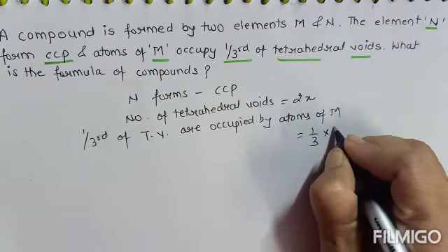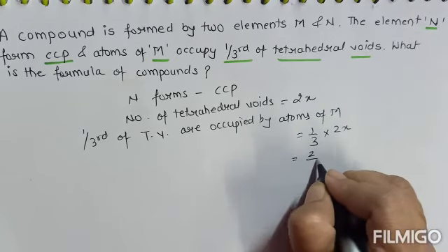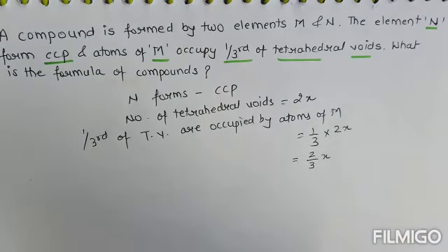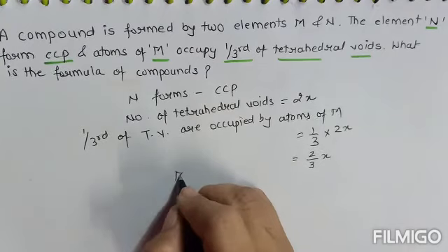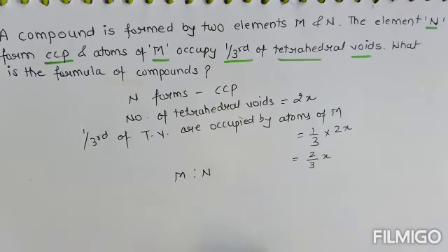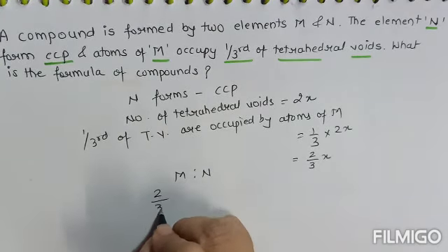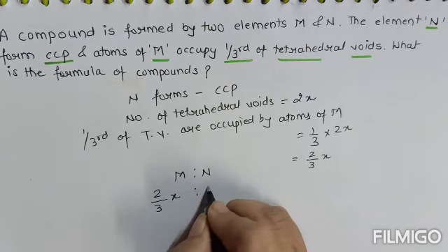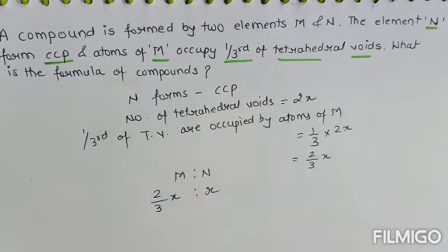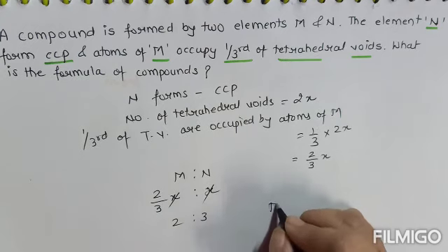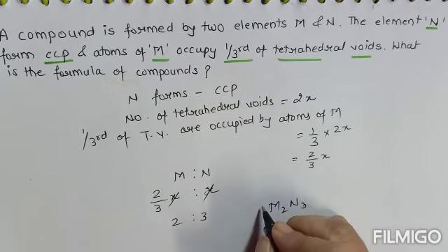That will be equal to 1/3 into 2x, that is 2/3x. So if we consider both M and N, M is occupying 2/3x whereas N is occupying x. So I will say the ratio is 2:3 and therefore the formula of this compound will be M2N3.